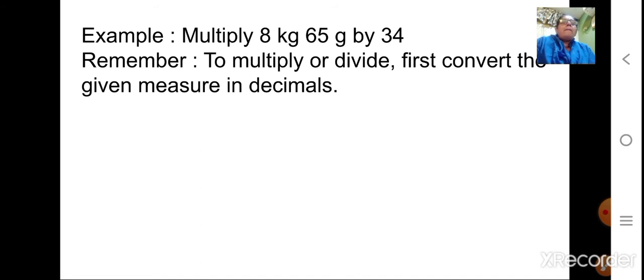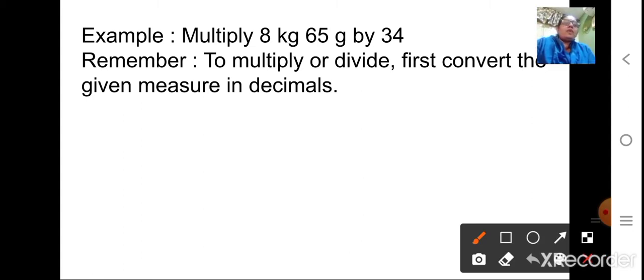Multiply 8 kg 65 gram by 34. Now children, you have already learned about the conversion, correct? Remember that to multiply or divide any metric measure, you have to first convert the given measure into decimals.